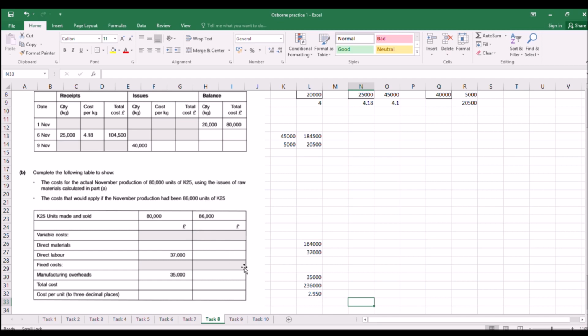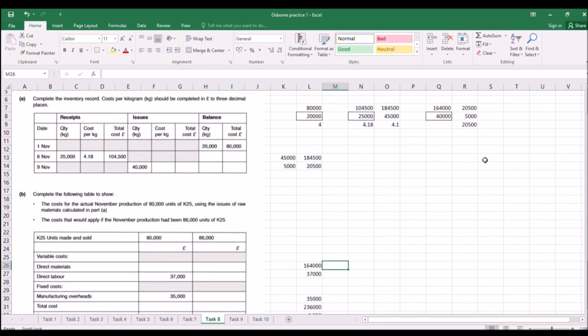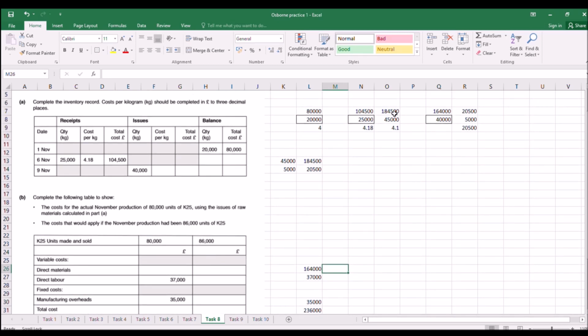Okay. So the direct materials now. If we went back up here and let's now do this here. So it would be on this track here. We would have to produce 86,000 units. So we have to use 45,000 for 80,000 units.